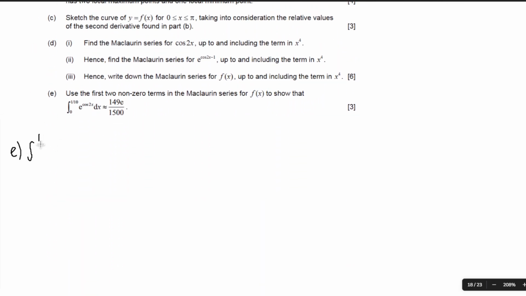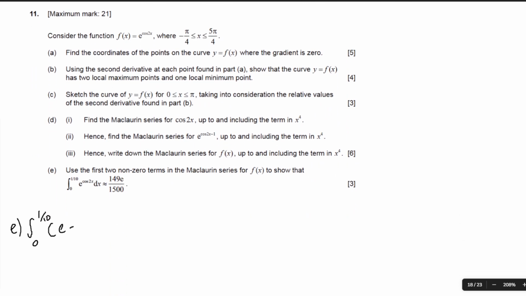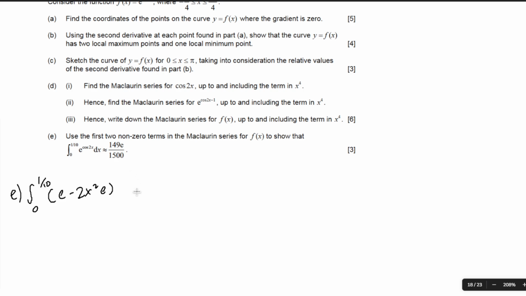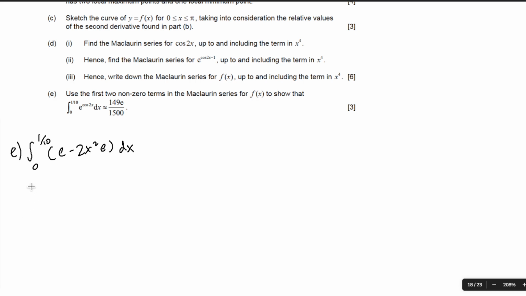The integral from 0 to 1 over 10 of e minus 2x squared e dx. Next, we just integrate this.